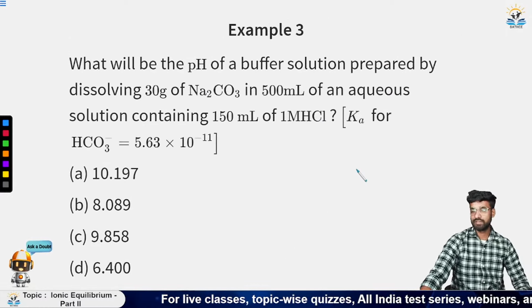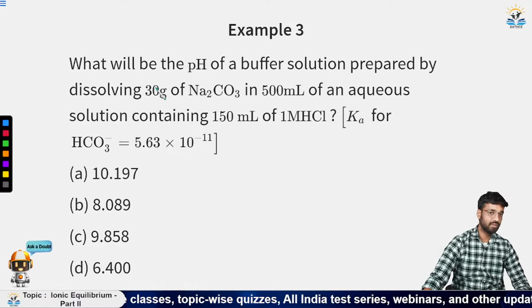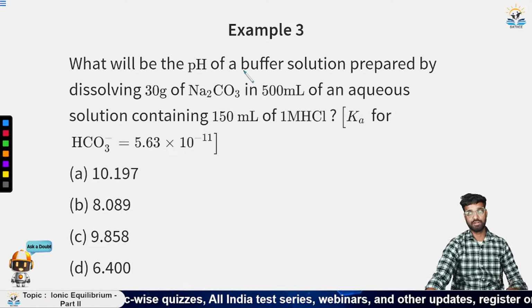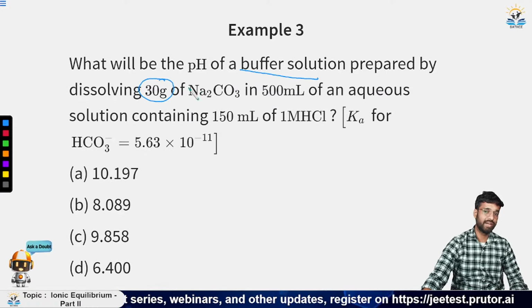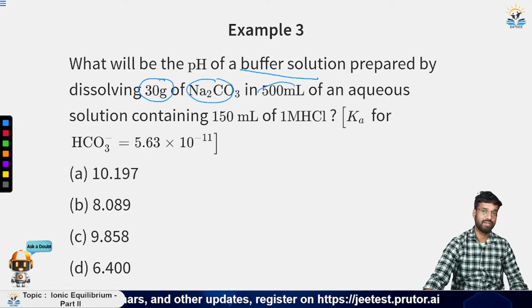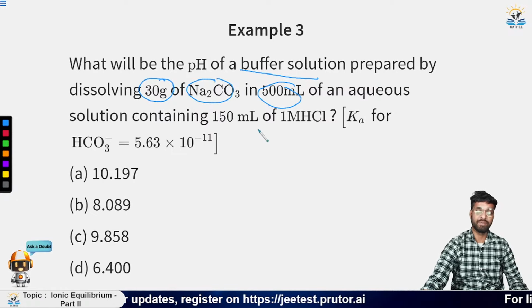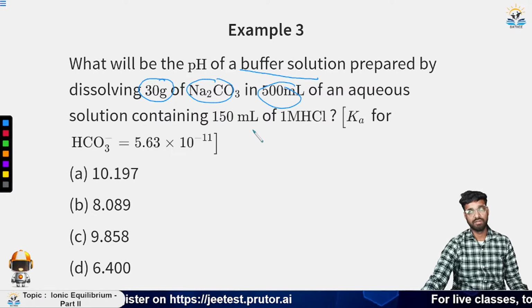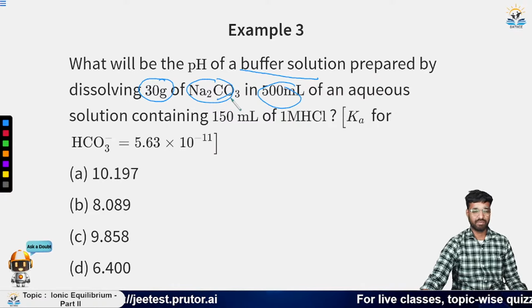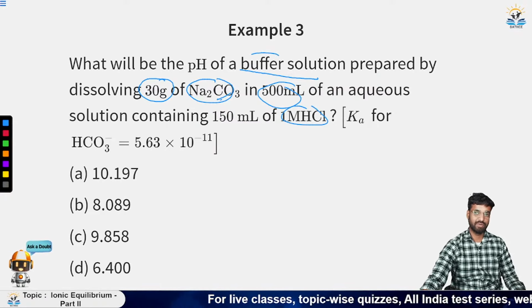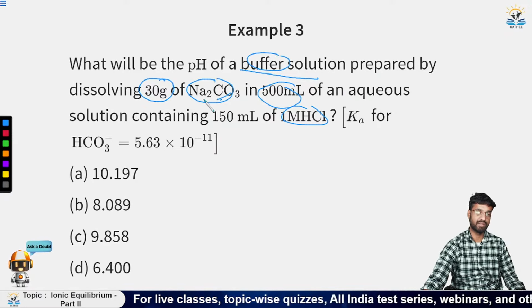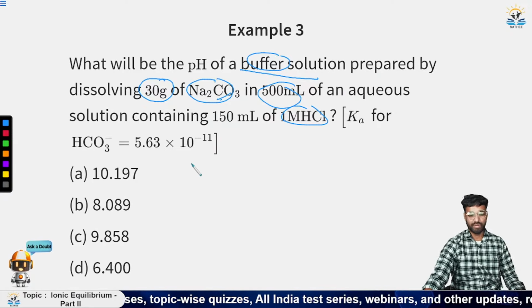Now let us move to the next question. What will be the pH of the buffer solution? It is already given. We are having a buffer solution prepared by mixing 30 gram of Na2CO3 in 500 ml of an aqueous solution containing 150 ml of 1 M HCl. Now we are reacting a weaker base with a stronger acid, and it is already given that it is a buffer solution. Since the weaker one is the base, it will form a basic buffer.